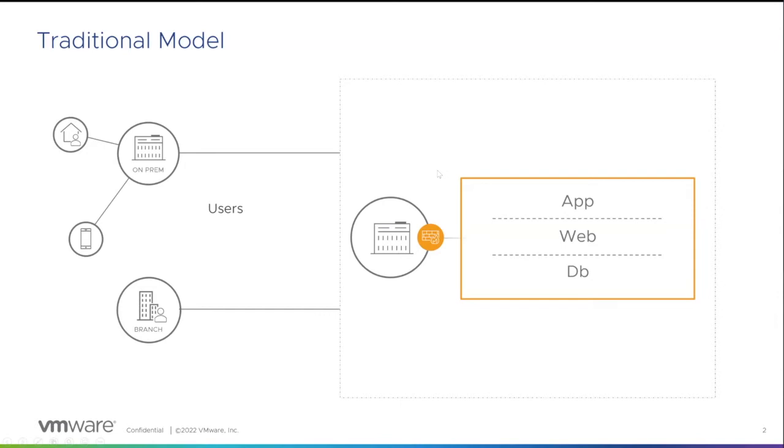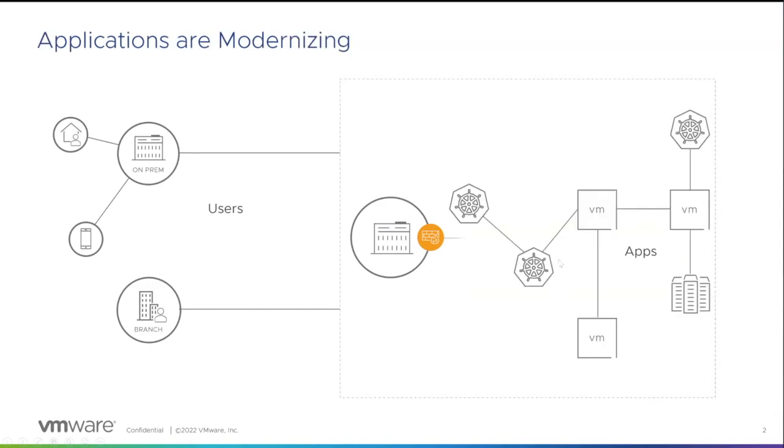And that was quite static, both in terms of its configuration and operation. Stability was absolutely critical. As that has evolved, we've seen a huge amount of modernization, particularly over the last number of years via containers. And this helps to make those applications a lot more dynamic and scalable.